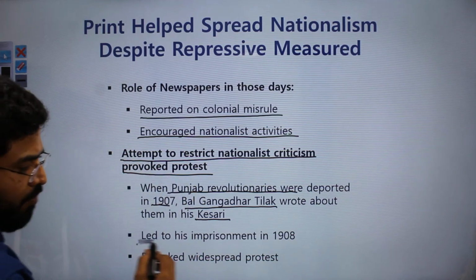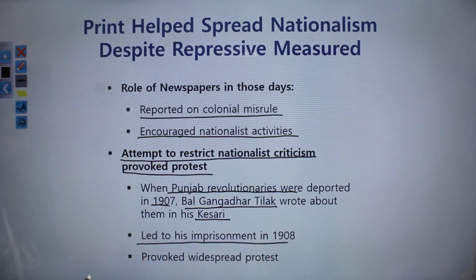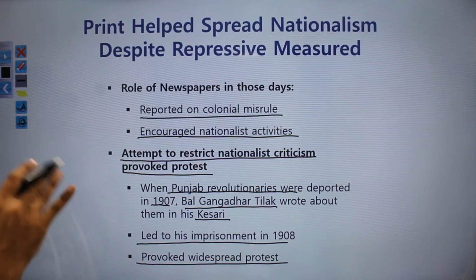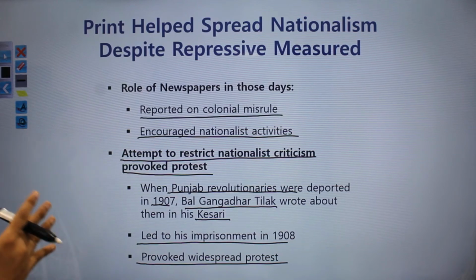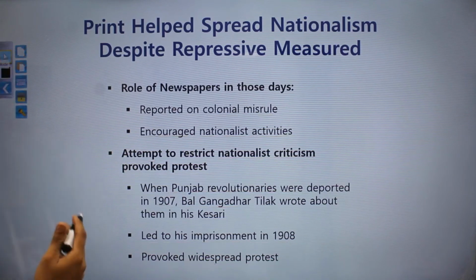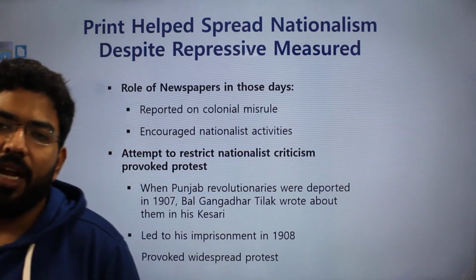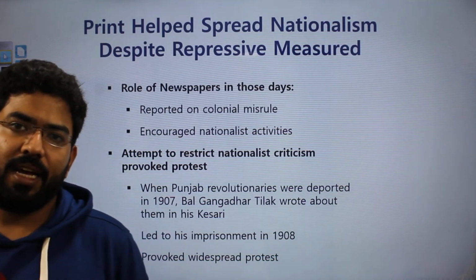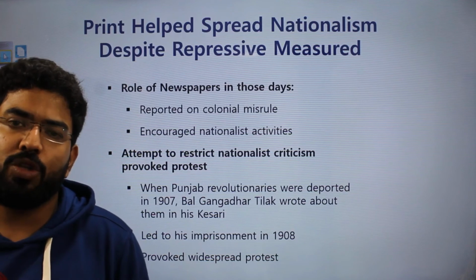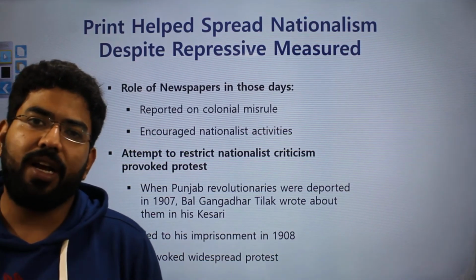When his newspaper was banned after his imprisonment, there was widespread protest. So censorship could not be imposed wholeheartedly, and the ideas of nationalism were spread through the print media. Print media in itself played a huge role in the freedom struggle of India.